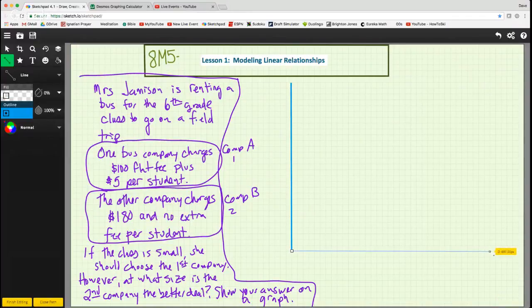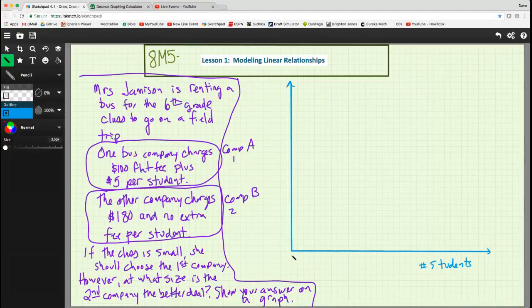Okay, so we need to, let's see. Over here, on this axis, the x-axis, we'll put the number of students.